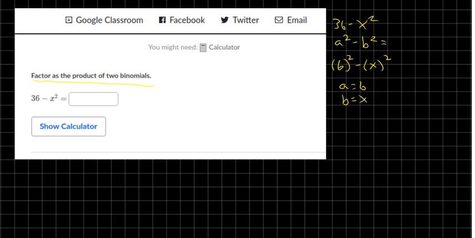And since a squared minus b squared is equal to a plus b times a minus b, I know that 36 minus x squared is 6 plus x times 6 minus x. And there I just typed that in here: 6 plus x times 6 minus x. Alright, and I've got all four problems correct.